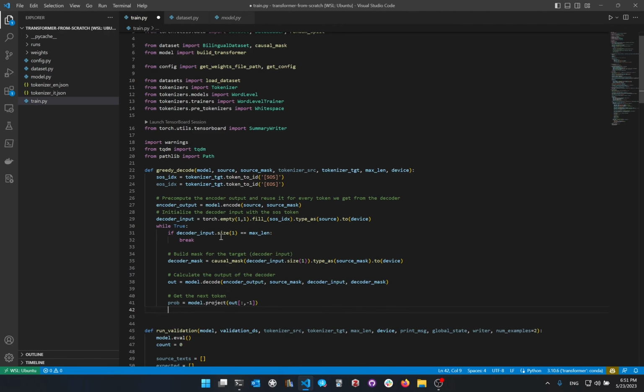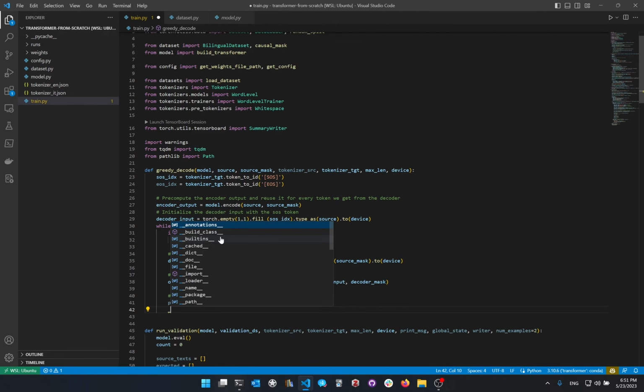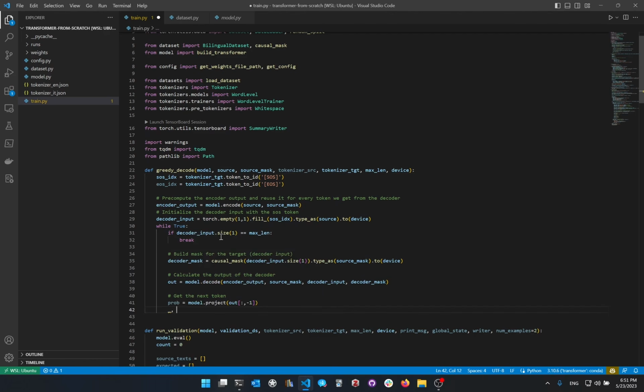Now we can use the max. So we get the token with the maximum probability. This is the greedy search.